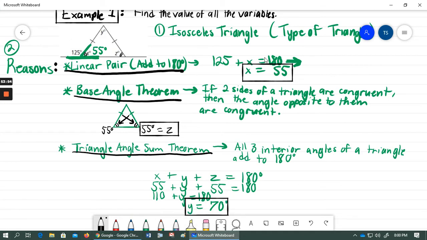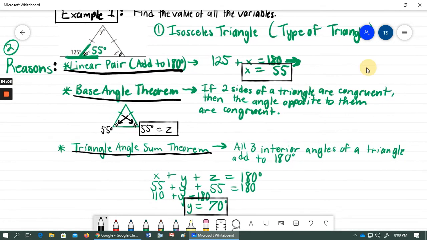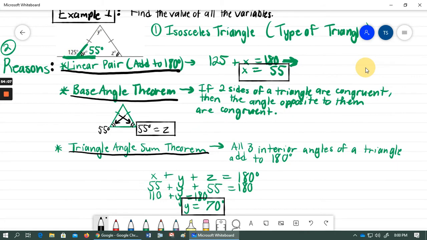All right, so again, folks, when you're showing your work for these practice problems, the first thing I need you to do is state what type of triangle it is. If it's an isosceles triangle and it's not equilateral as well, then you'll say that it's an isosceles triangle.